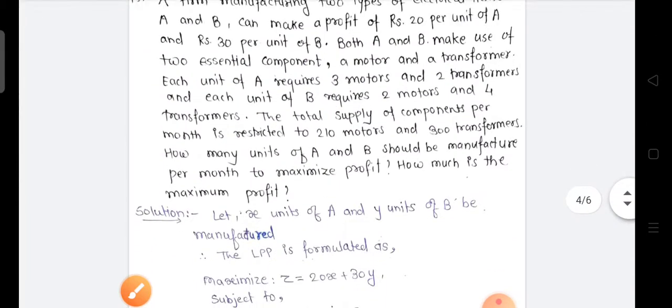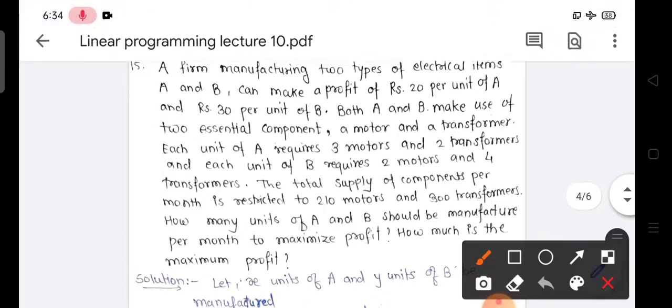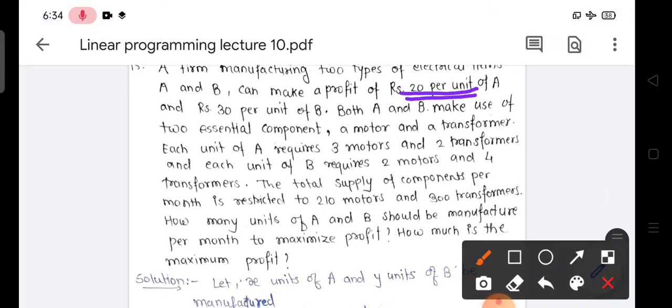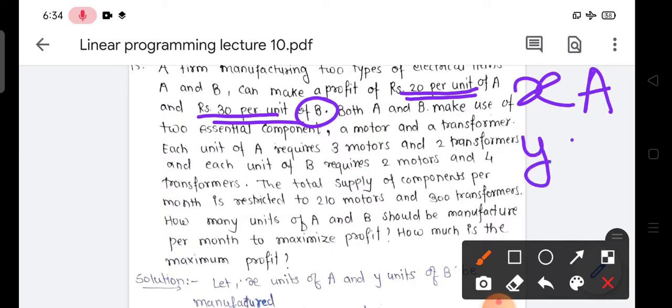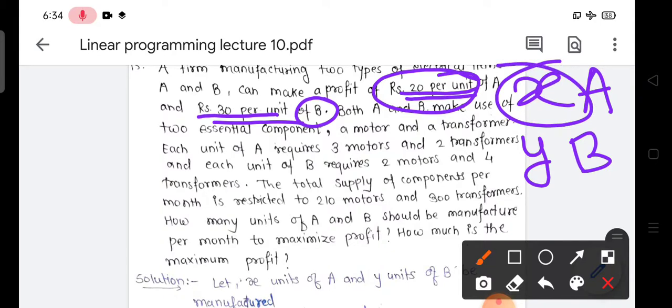Done here. So whatever data is given to us, we just form the LPP. Now for A and B, it is given 20 per unit for A and 30 per unit for B. If we consider X number of units to be produced of A and Y number of units of B, then for one unit it is 20, so for X units it will be 20x.